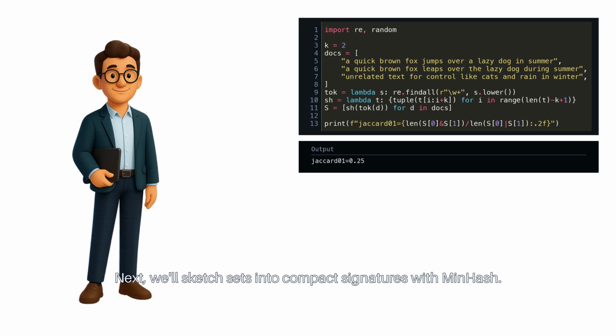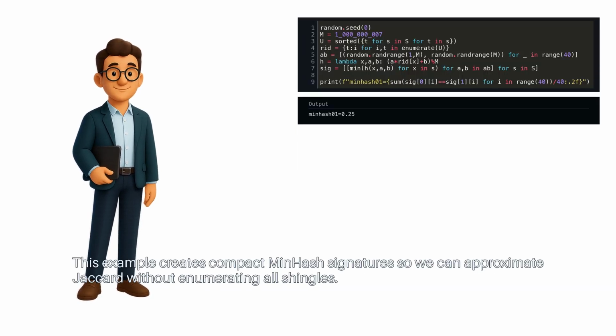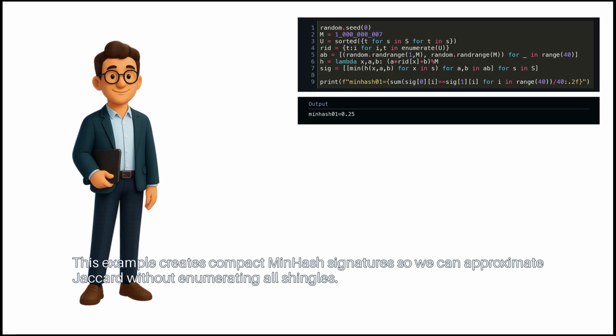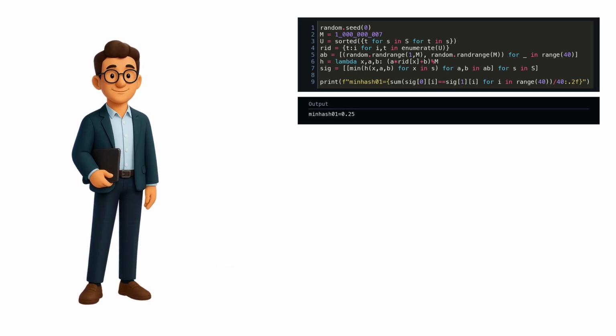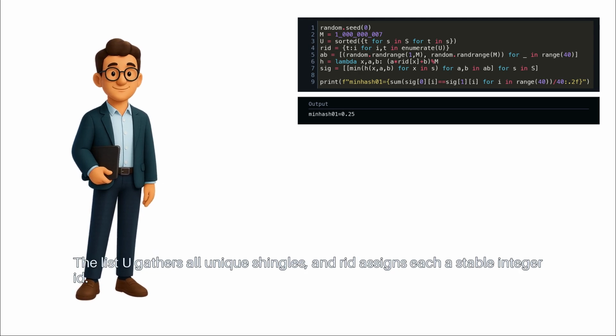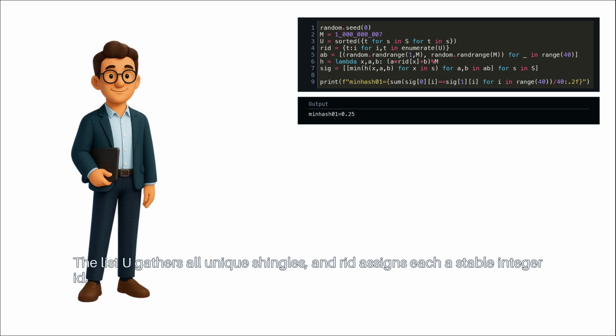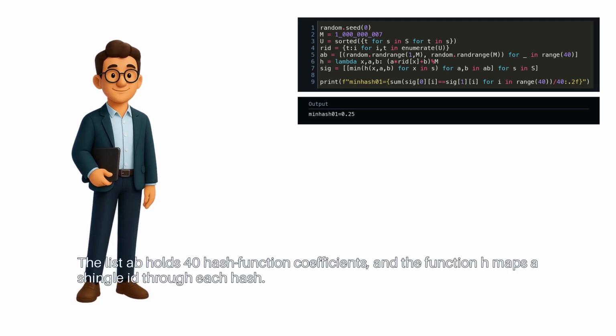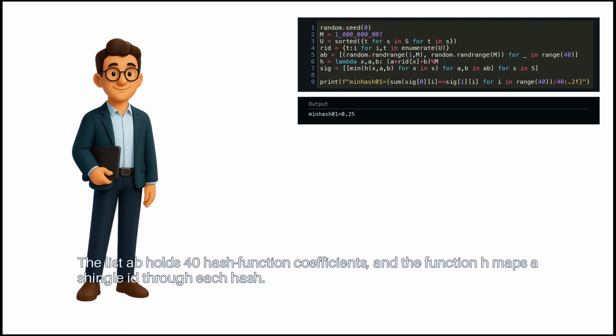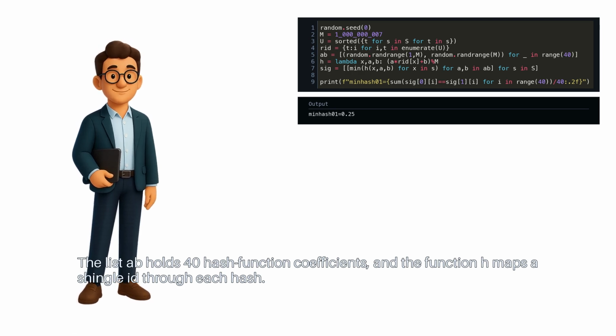Next, we'll sketch sets into compact signatures with MinHash. This example creates compact MinHash signatures so we can approximate Jaccard without enumerating all shingles. The list U gathers all unique shingles, and RID assigns each a stable integer ID. The list AB holds 40 hash function coefficients, and the function H maps a shingle ID through each hash.